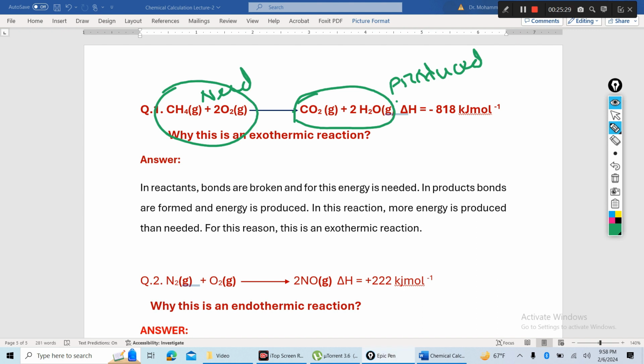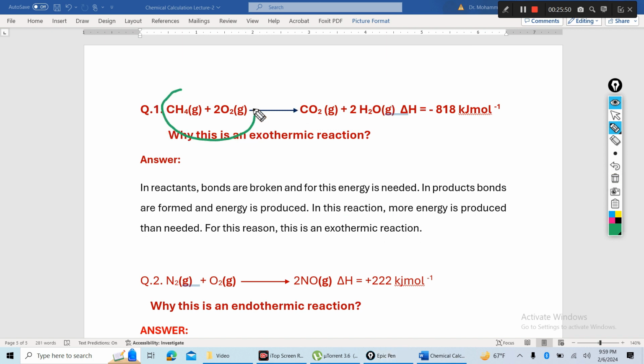So why is this an exothermic reaction? In this reaction more energy is produced than needed. Produce more, need less. So extra surplus energy is given out. For this reason this reaction is an exothermic reaction.